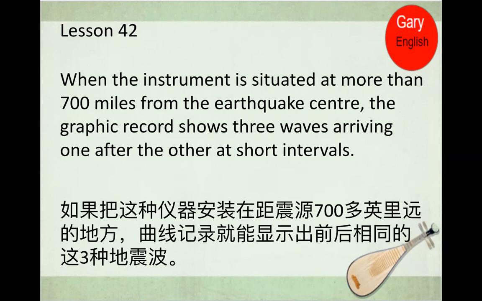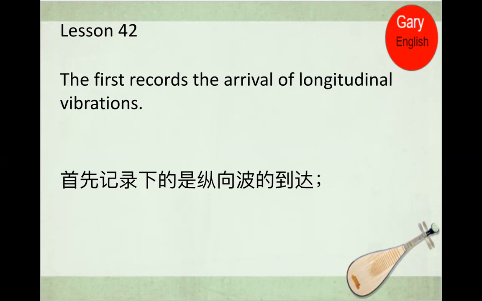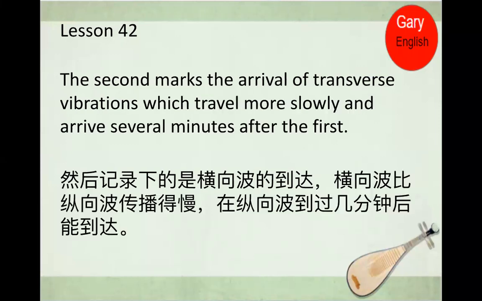When the instrument is situated at more than 700 miles from the earthquake center, the graphic record shows three waves arriving one after the other at short intervals. The first records the arrival of longitudinal vibrations. The second marks the arrival of transverse vibrations, which travel more slowly and arrive several minutes after the first.